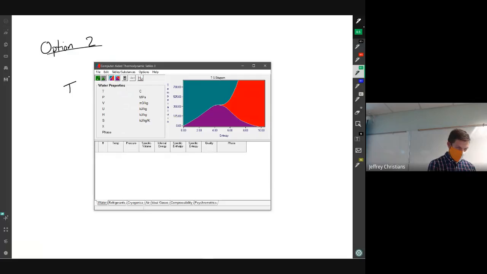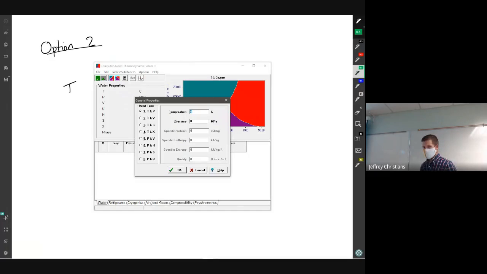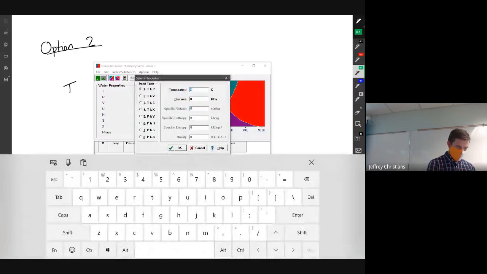We have water. I'm just going to pick out random numbers. What we have coming in is water at, I don't know, 20 degrees Celsius. What's the pressure? Say 10 kilopascals.